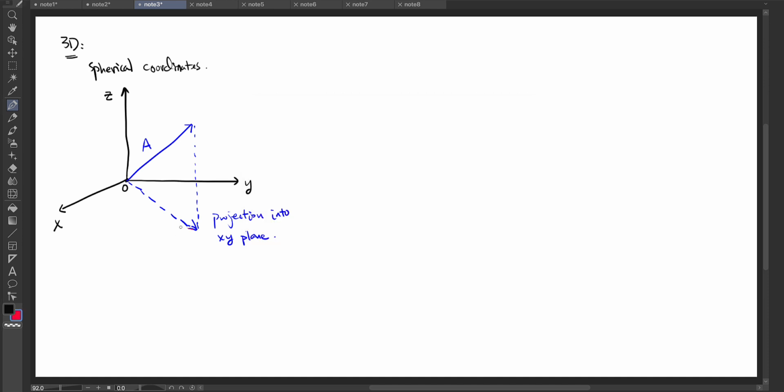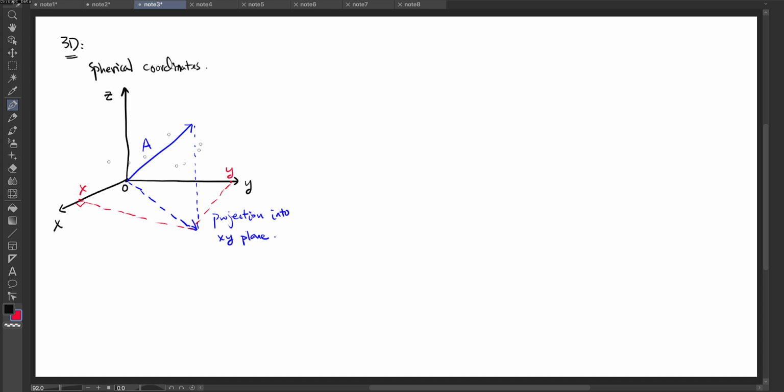Now here's the projection perpendicular to the x-axis. That gives us a coordinate x. Now this quantity's projection to the y-axis gives us a quantity y. The intersection here is y. So that's like in the 2D plane, what we discussed earlier.